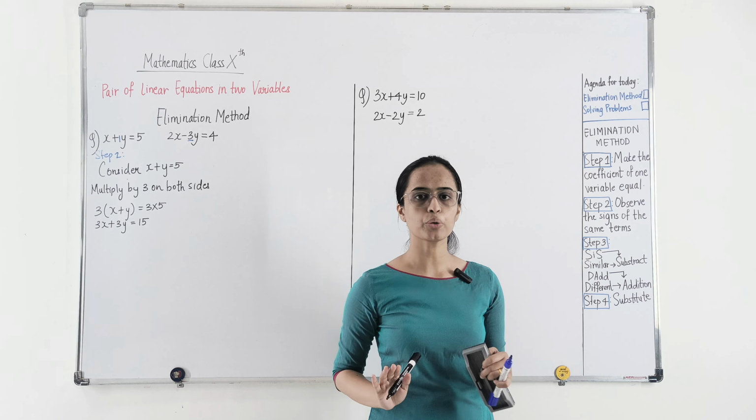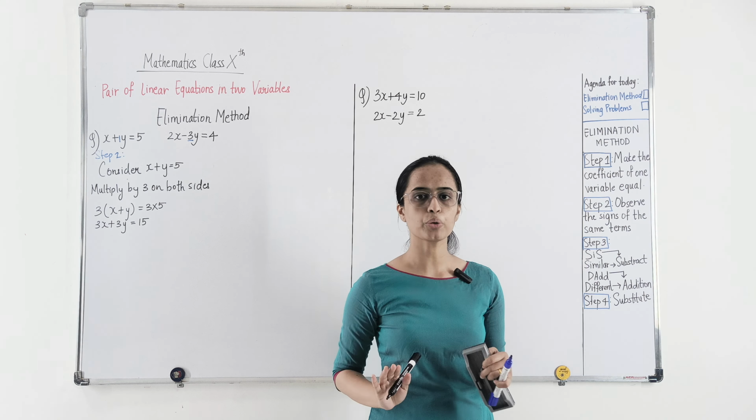Now in step number 3, there are two family members involved. One is your sis and the other one is your dad. Now when to take help of your sister and when to take help of your dad? Sis, as in SIS: if the signs are similar, meaning if the signs of both the terms are the same, then you are supposed to subtract.